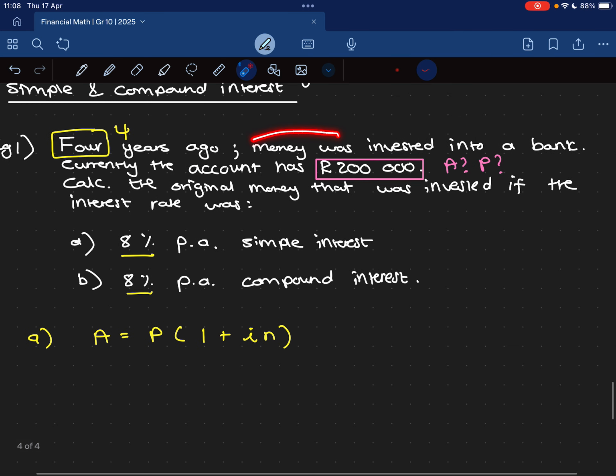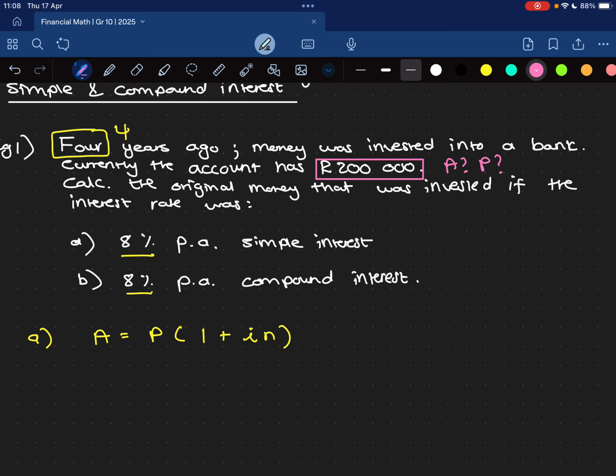So the money that was invested into the bank 4 years ago is the P value, because this amount of money has no interest or no growth yet. So that's what we are specifically looking for.